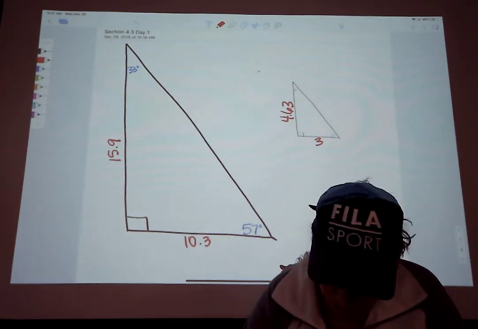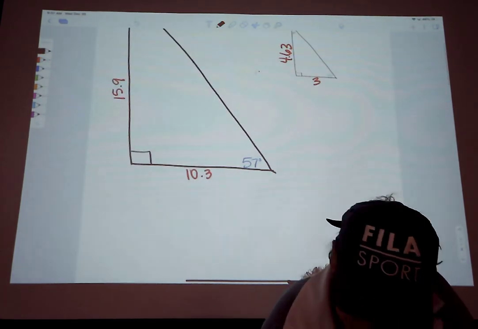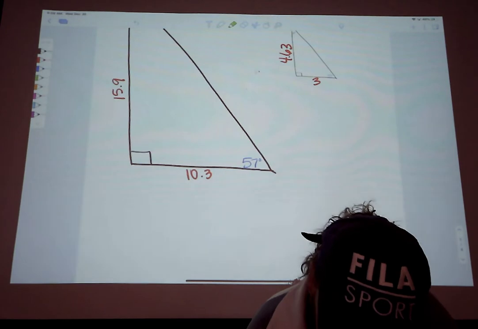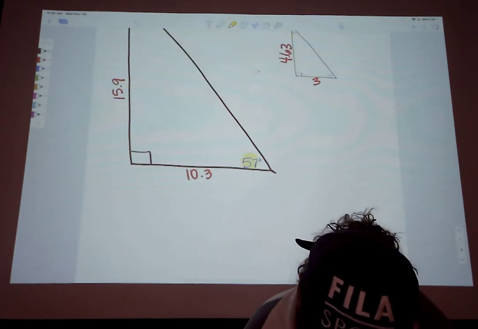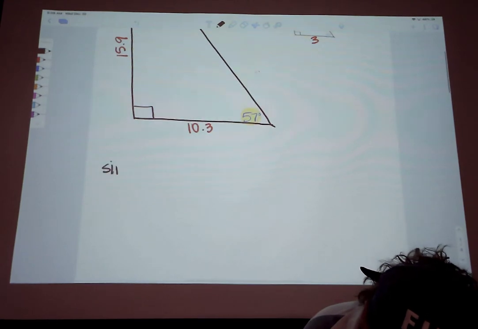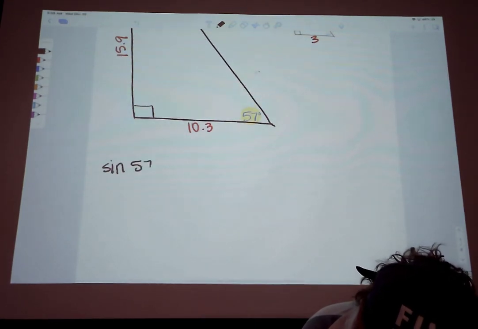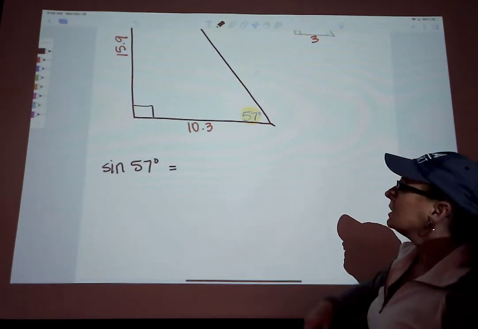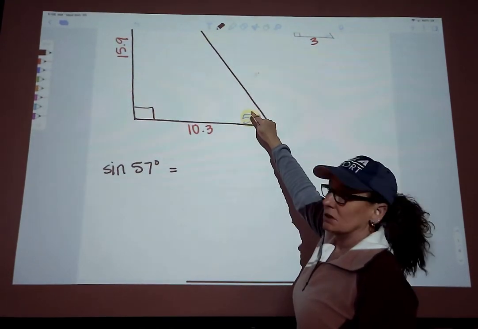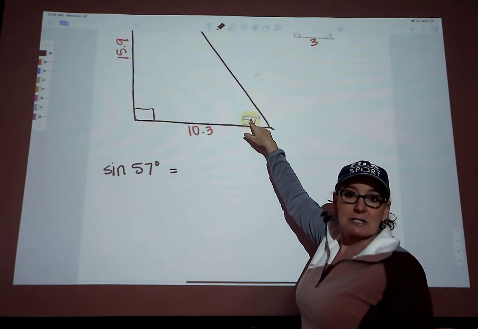Now, watch. Let's look at our 57-degree angle. So focus on this one. If I want to do my sine fraction for this angle, again, I didn't call it theta because I knew its measure.